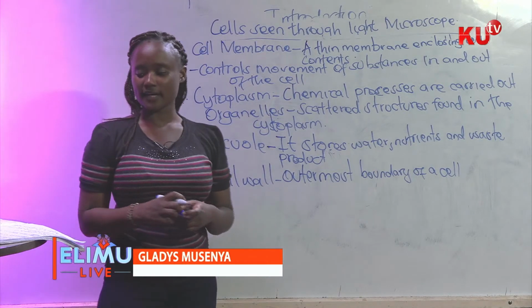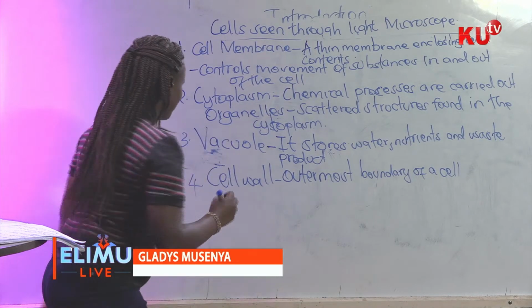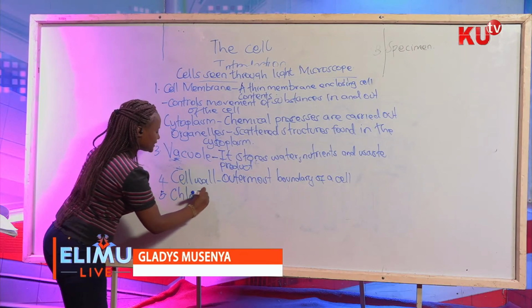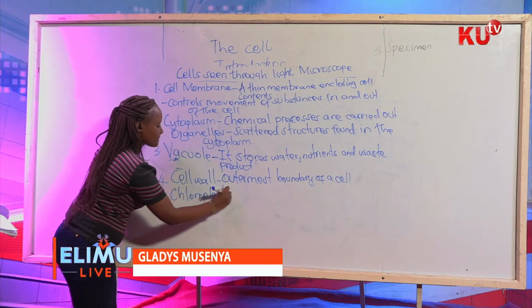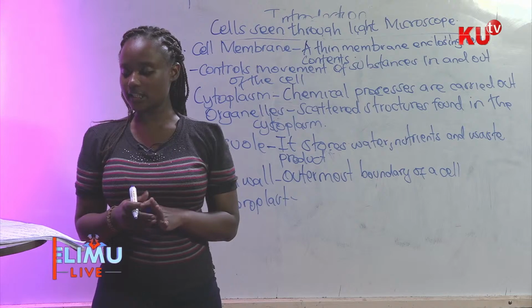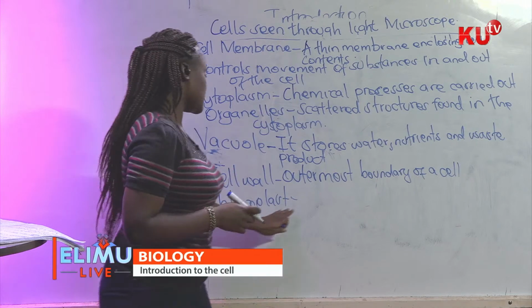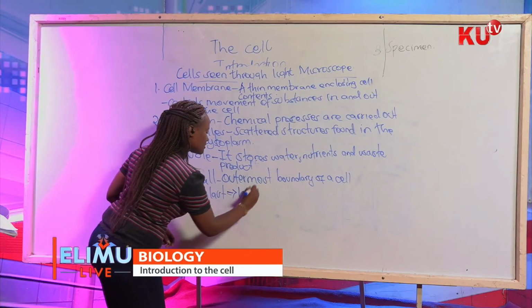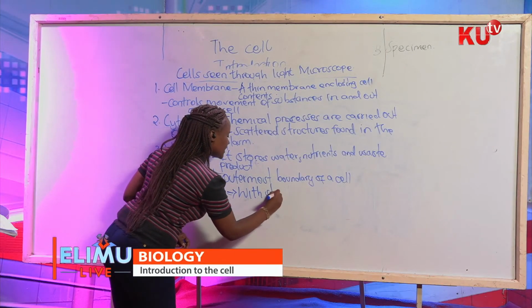And then we have the chloroplast. The chloroplast is found in the plant cell. With special staining techniques, it is possible to see the chloroplast.